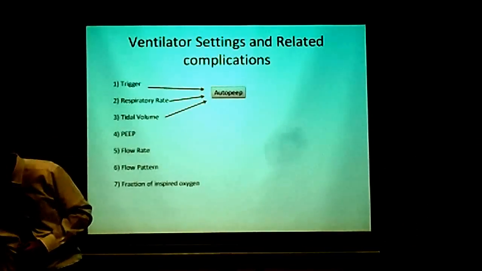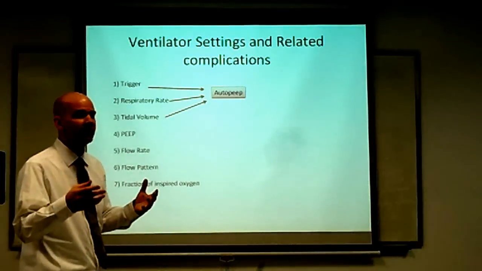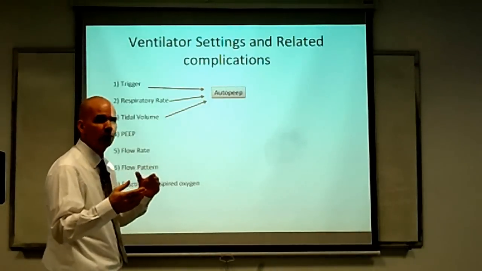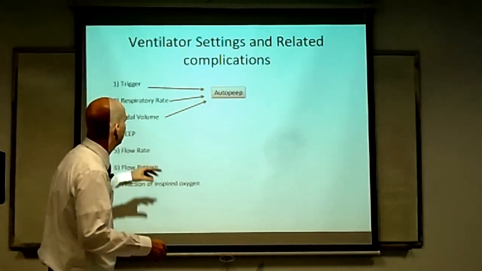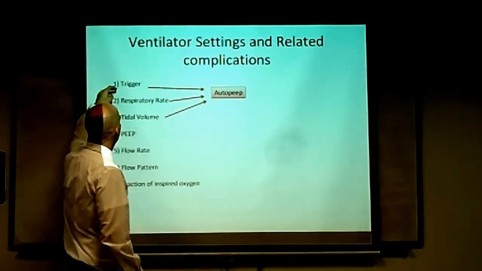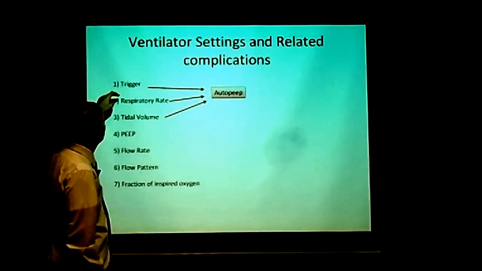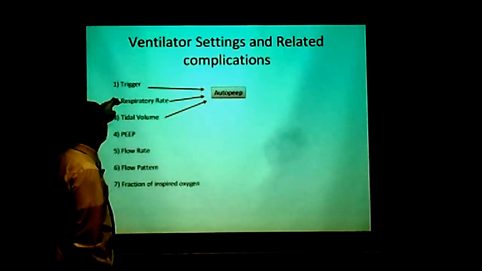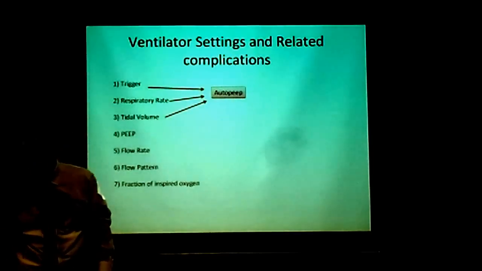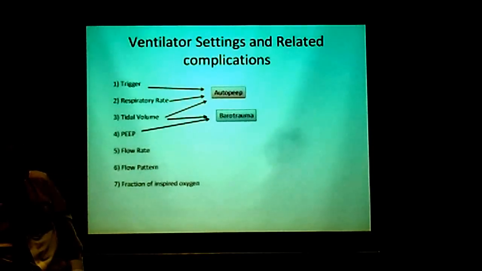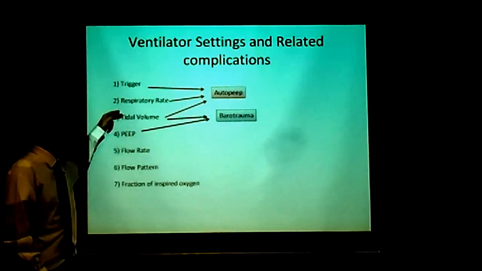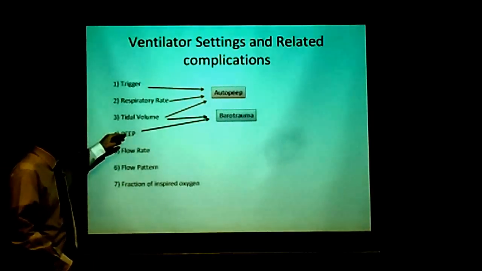So in summary, these complications that I've gone over and how they relate to ventilator settings go a little bit like this. Autopeep, caused mainly by a trigger that's too sensitive and high respiratory rate and high tidal volume. Barotrauma, caused mainly by excessively high tidal volume and high PEEP.